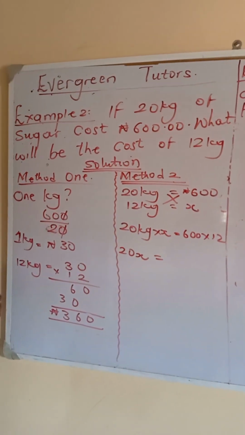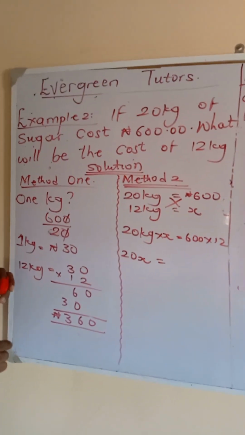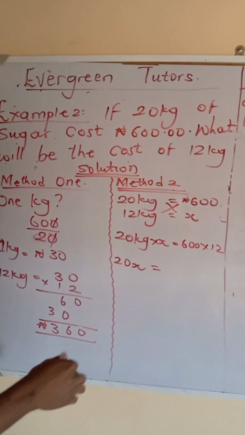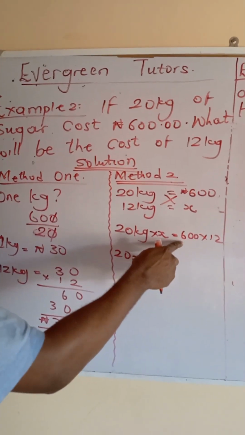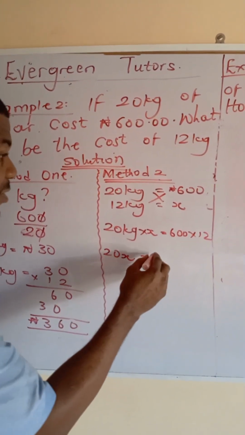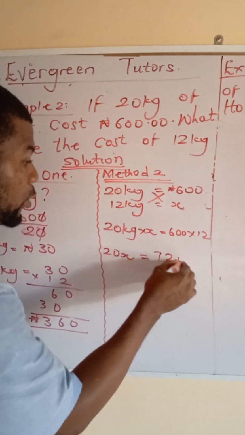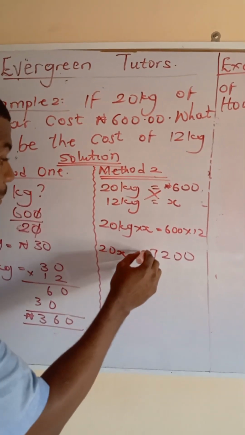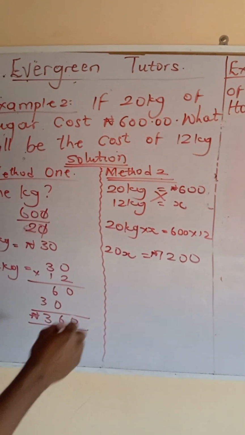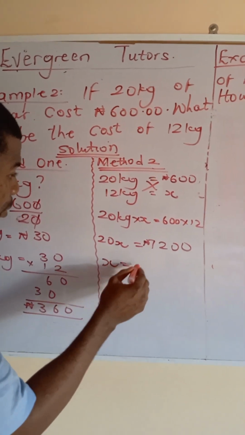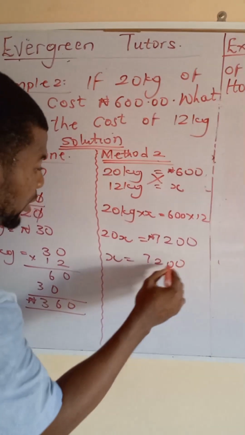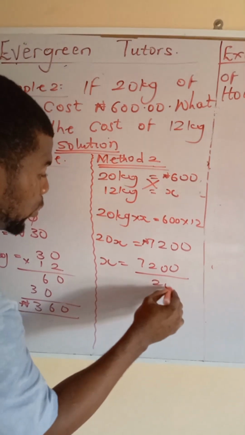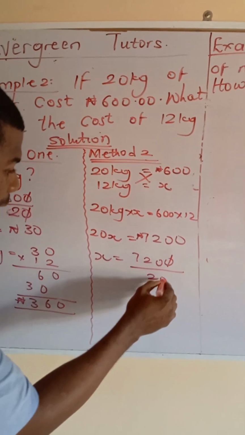Now, 600 multiplied by 12 will give me 7,200 naira. Then x will give me 7,200 divided by 20. 0 cancel 0.